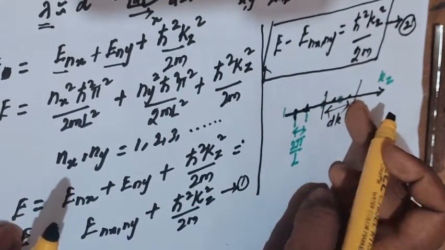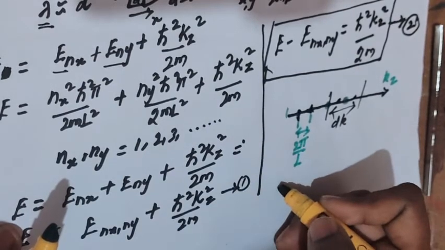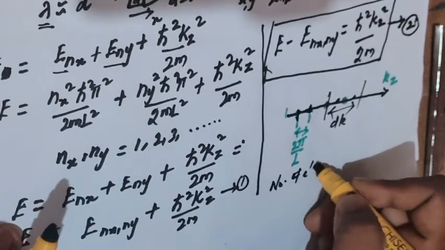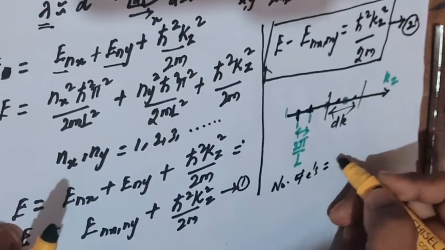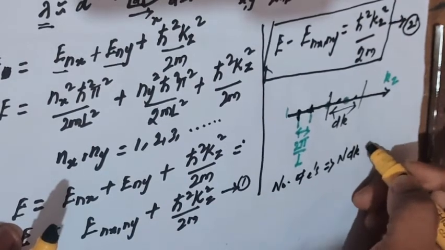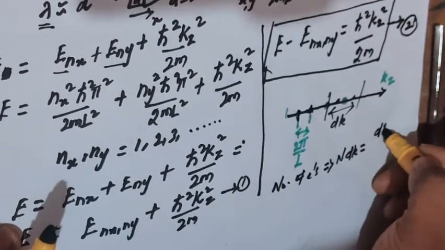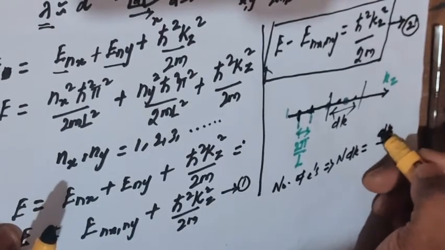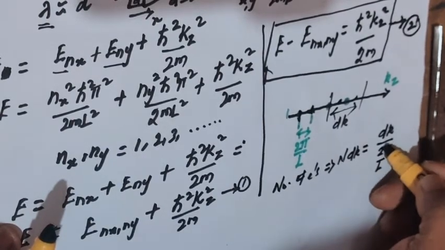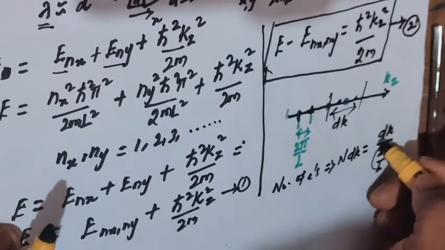So the number of electrons within this decay is calculated by dividing the decay length by the smallest length, which gives the number of accessible states within this decay.